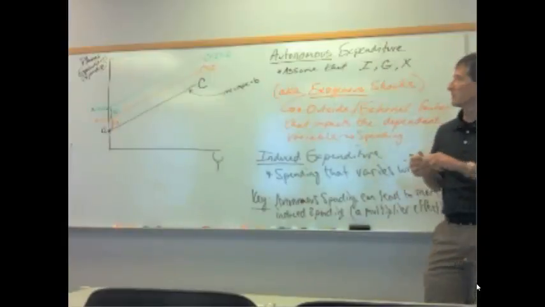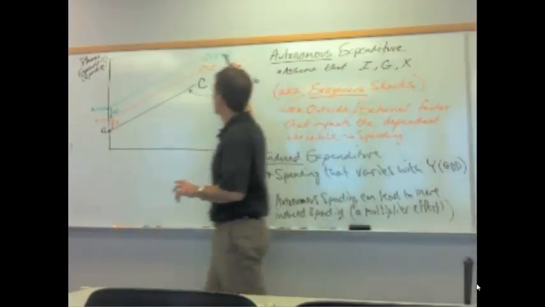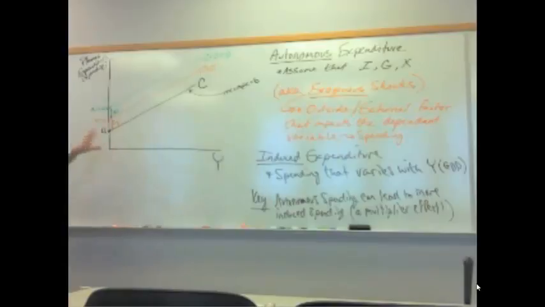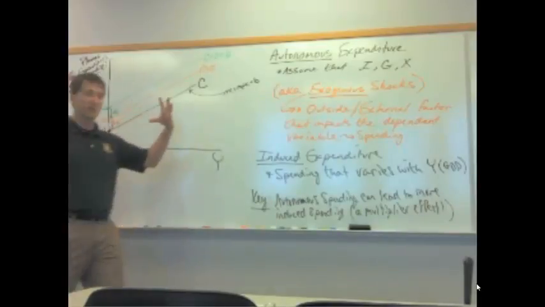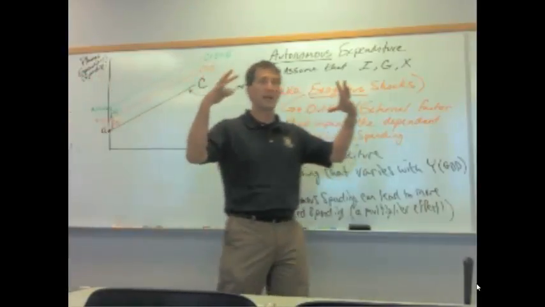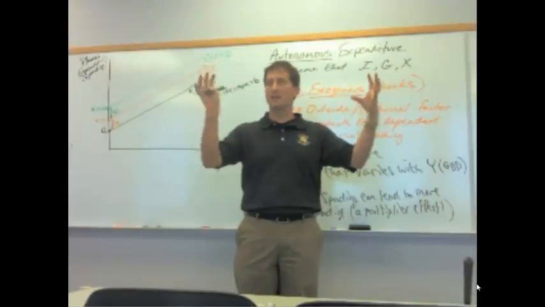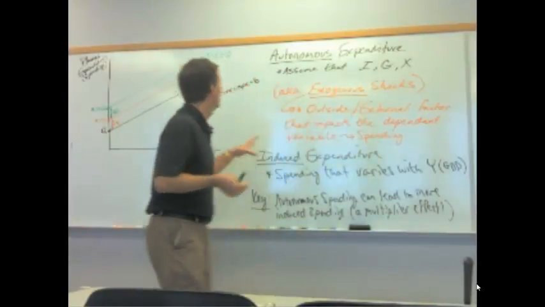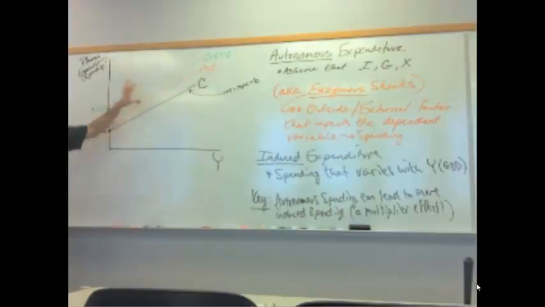Kind of explain this multiplying process. I'm not going to add exports for now. We're just going to leave this off. So we're going to have what we call a closed economy for this model and just pretend that only the United States exists. We're going to forget about the rest of the world. Okay, so this looks like this.